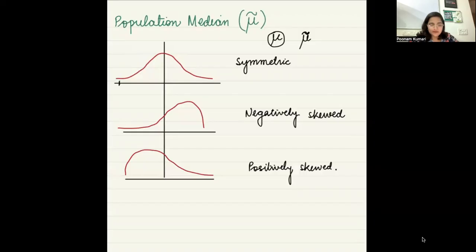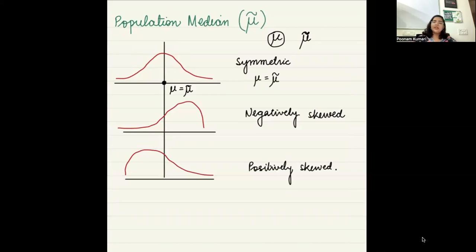Ma'am, in case of symmetric, the median and mean would be same. Okay. And why do you say that? Ma'am, because the values on the right side of the y-axis and left side of the y-axis are distributed equally.